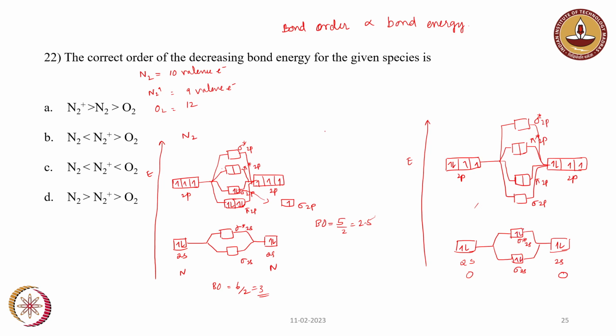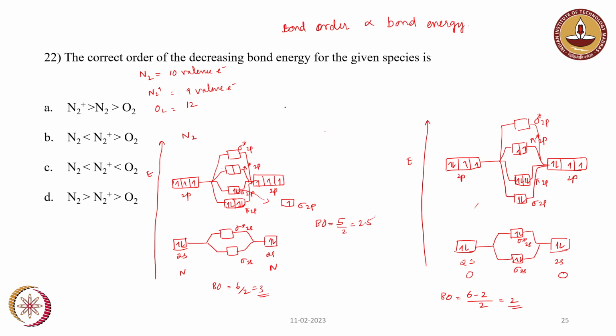So in molecular orbitals, there are 8 electrons, 2, 4, 6 and 8. So here the bond order will be, we can cancel this out, and for sigma 2p and pi 2p there are 6 electrons, and in antibonding orbital there are 2 electrons. This 4 by 2, this is 2. So the bond order is 2.